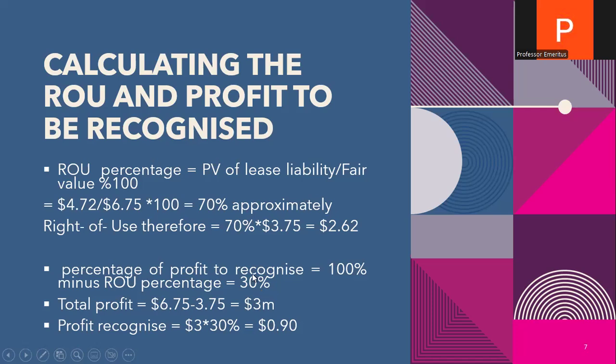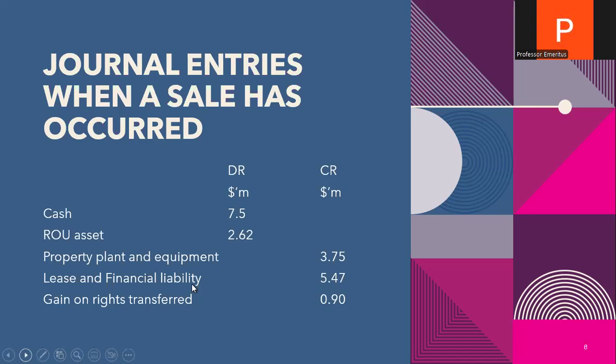In this place, if I have 55, I'll recognize profit of 45, and so on and so forth. So the total profit is 3 million, but the profit to recognize is 30% of the 3 million, and that is 0.90. Then what would be the journal entries?